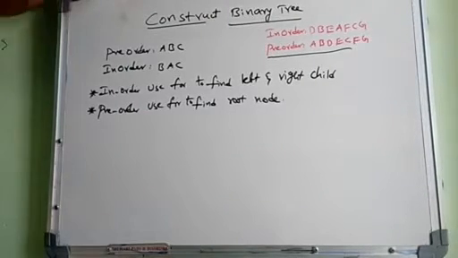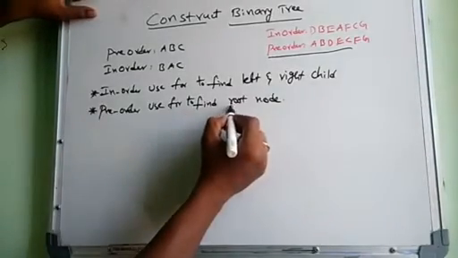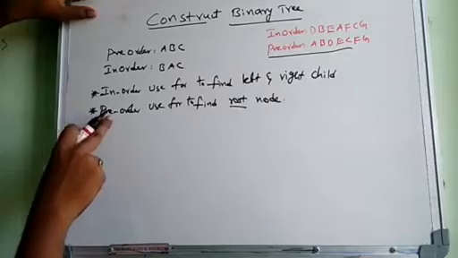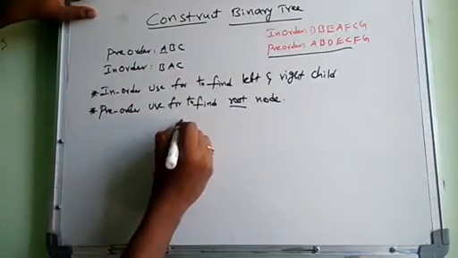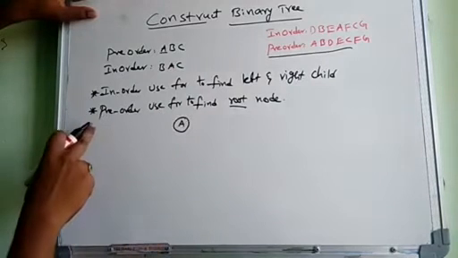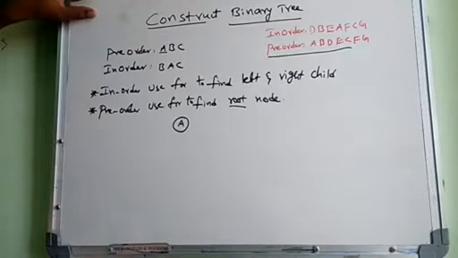So first you have to find the root, so you go to pre-order. The pre-order starts with A, so from pre-order we find the root, that is A.